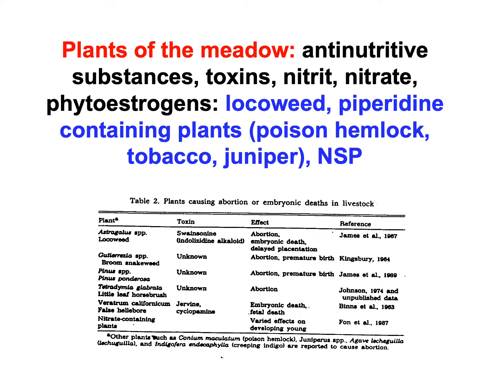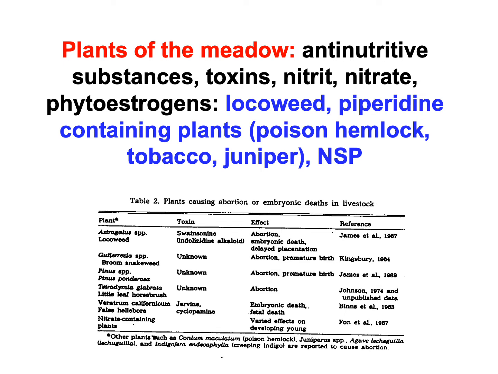Plants contain antinutritive substances, toxins, nitrate, and phytoestrogens. Which plants are primary in provoking abortion? This is the locoweed.